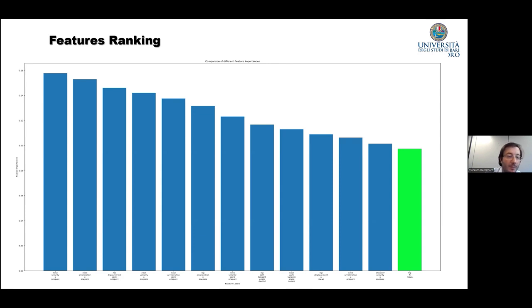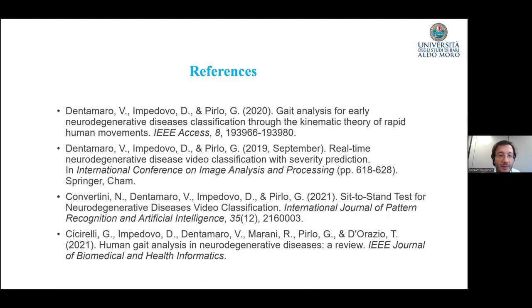So the sigma-normal model was significant because it added early detection of the neurodegenerative disease. These are a few publications that we did on this topic.